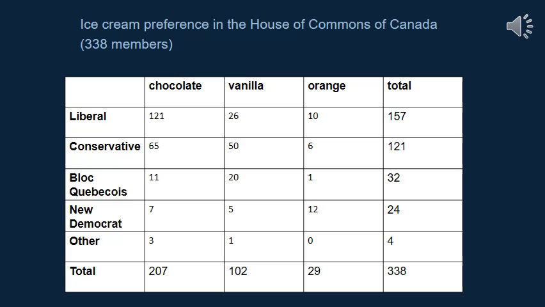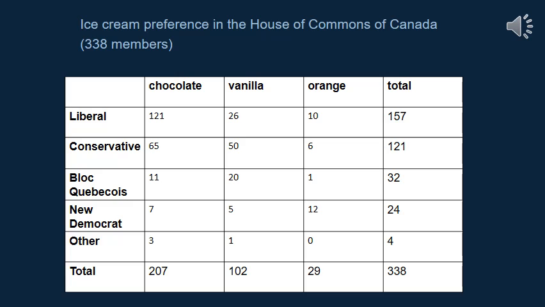If I look at the conservative MPs now, I see 65 for chocolate ice cream and 50 for vanilla, only 6 for orange. Are these numbers really what I should expect? I would expect fewer conservatives to like vanilla ice cream. 65 and 50 are very close.